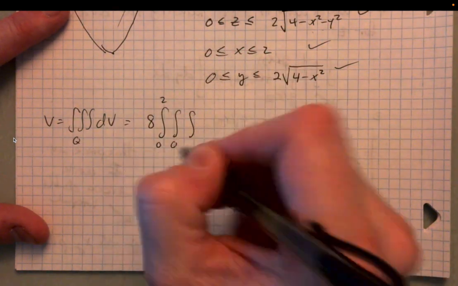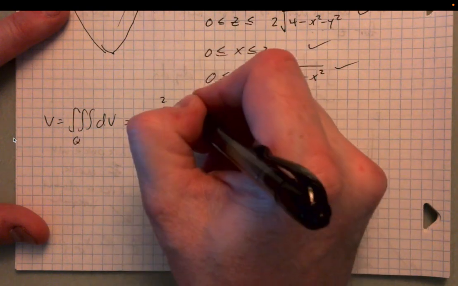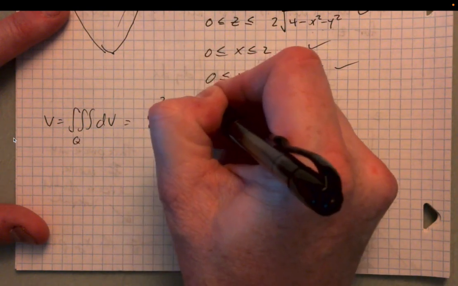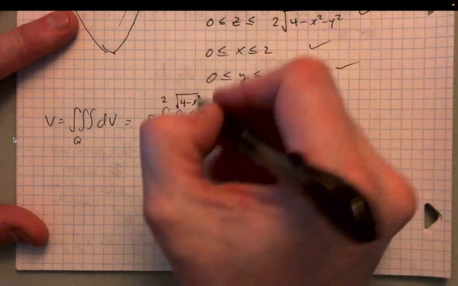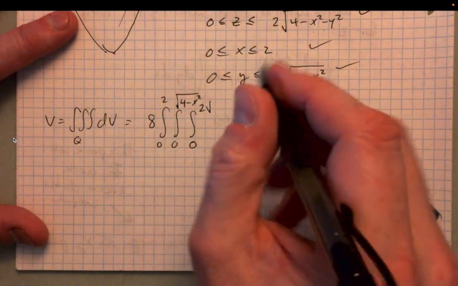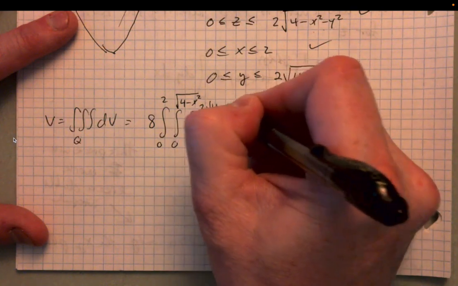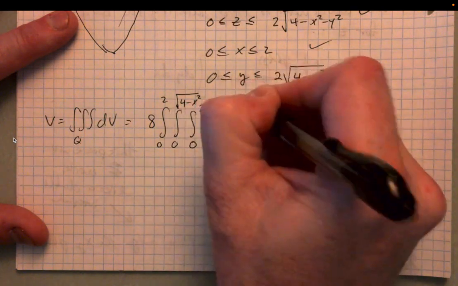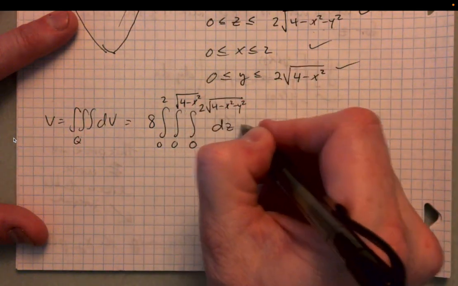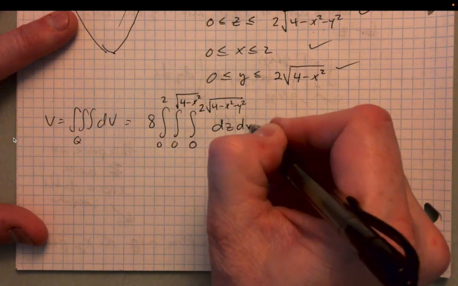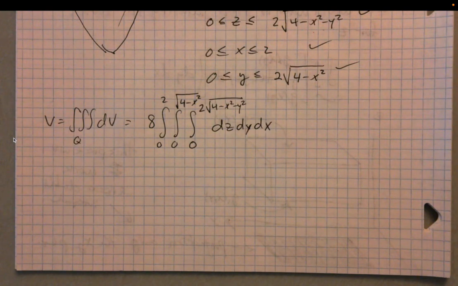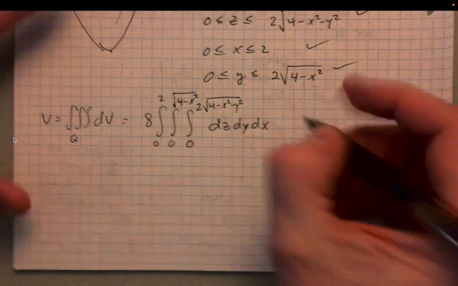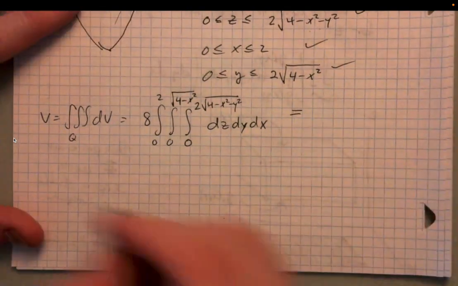And then the middle is 0 up to the square root of 4 minus x squared. And then the inside one goes from 0 up to the square root of 4 minus x squared minus y squared. Okay, and then it's dz, dy, dx.